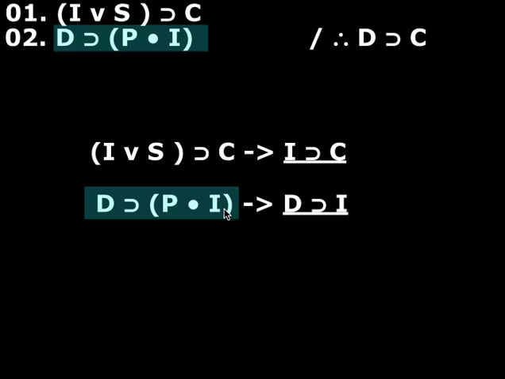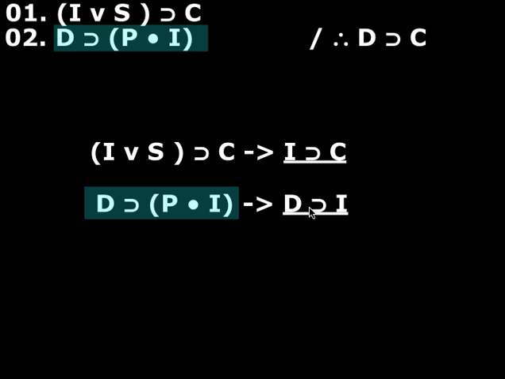So I is true. And if I is true, then of course I or S is going to be true, therefore C. The problem is we don't have those rules. There's no rule that lets me do hypothetical syllogism where there's a mismatch. And we don't have a rule that lets us turn this into that or this into that.